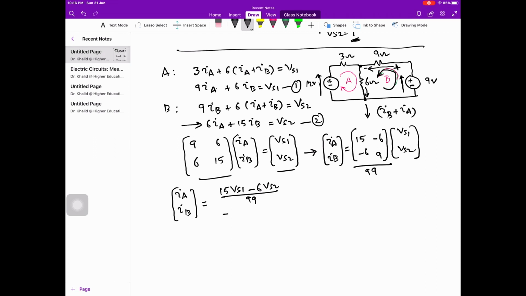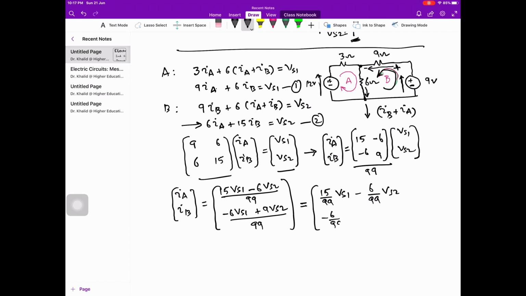The second row is minus 6 VS1 plus 9 VS2 divided by 99, and further I can say it is 15 divided by 99 VS1 minus 6 divided by 99 VS2, and the second row is minus 6 divided by 99 VS1 plus 9 divided by 99 VS2.